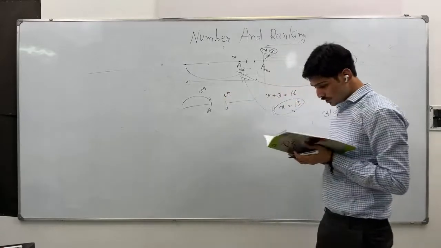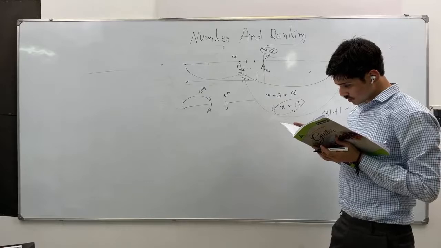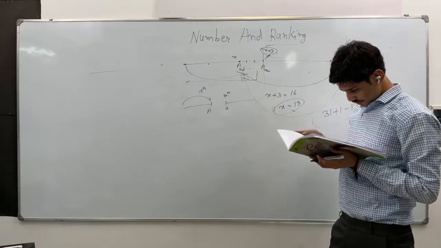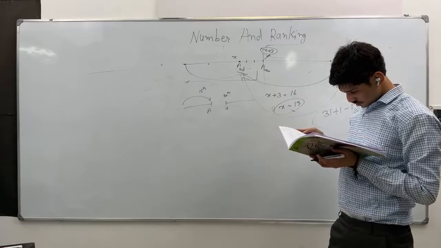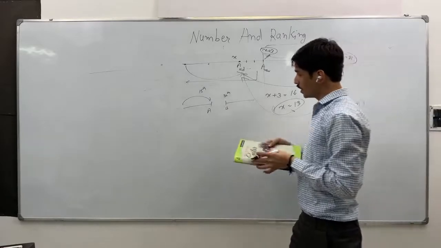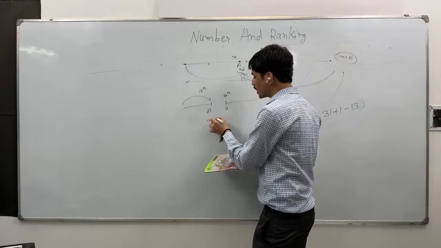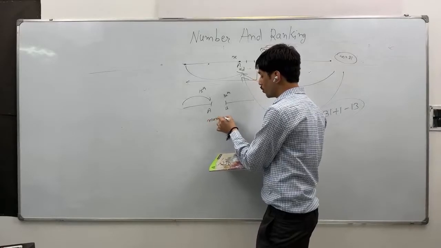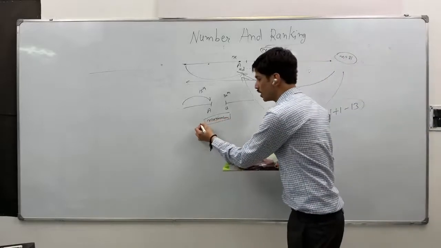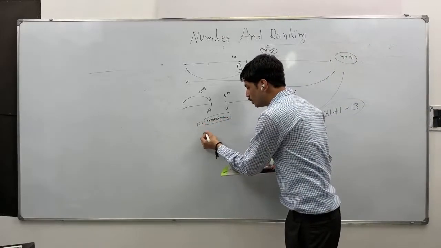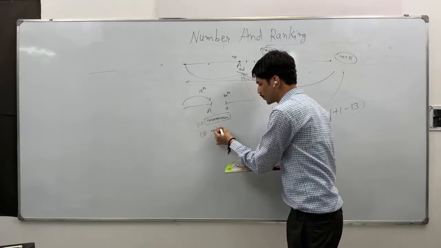Okay. Now first of all they are asking what is the maximum number of students in a row. First question. And second they are asking what is the minimum number of students in that row.